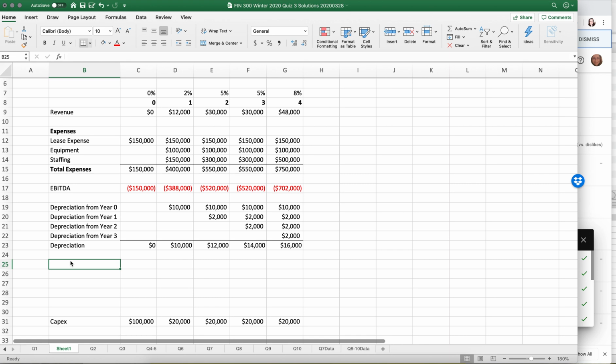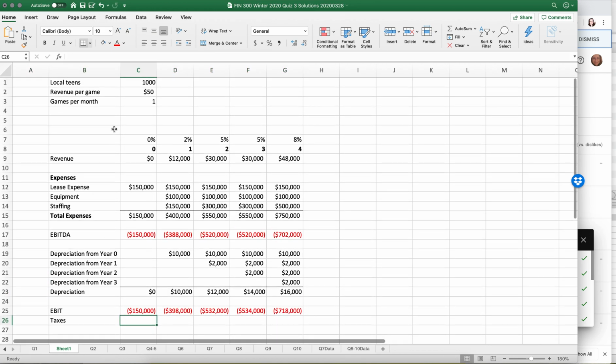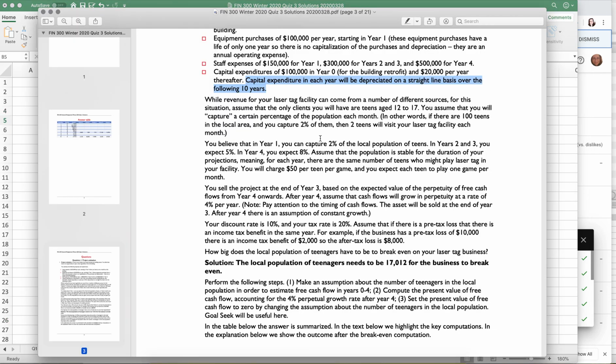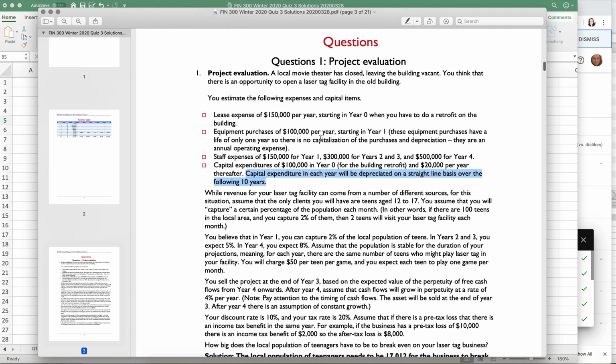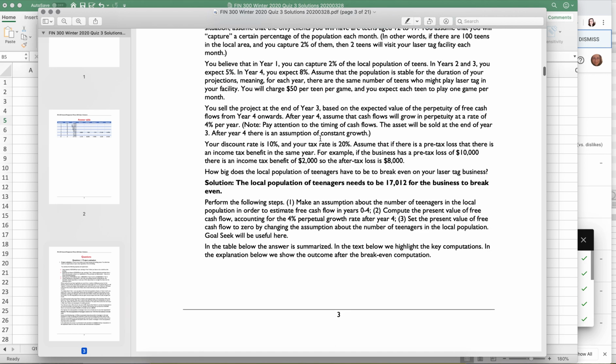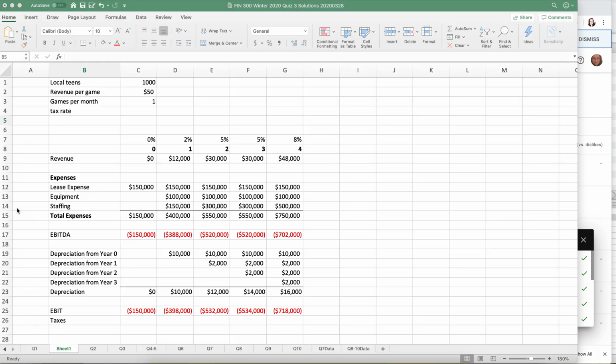Once we have EBITDA, we can calculate EBIT. Taxes, we have our tax rate. 20%, and the discount rate is 10%. So 0.2 and R is 0.1.